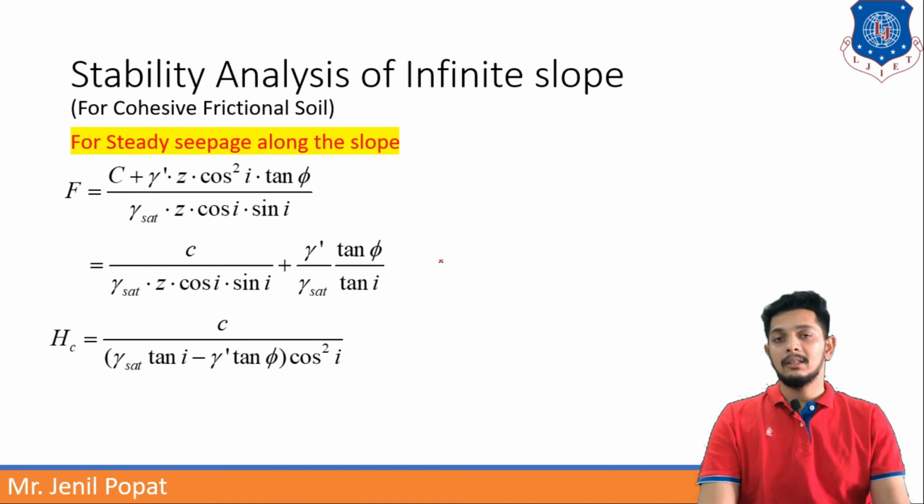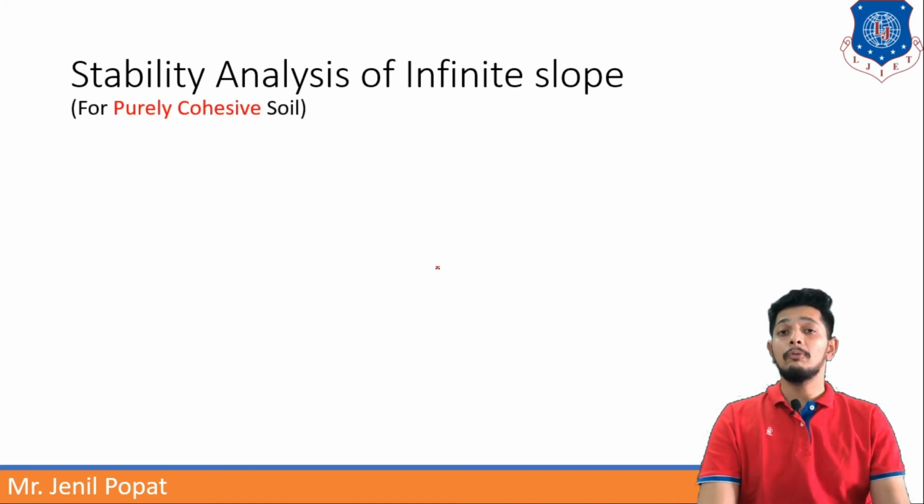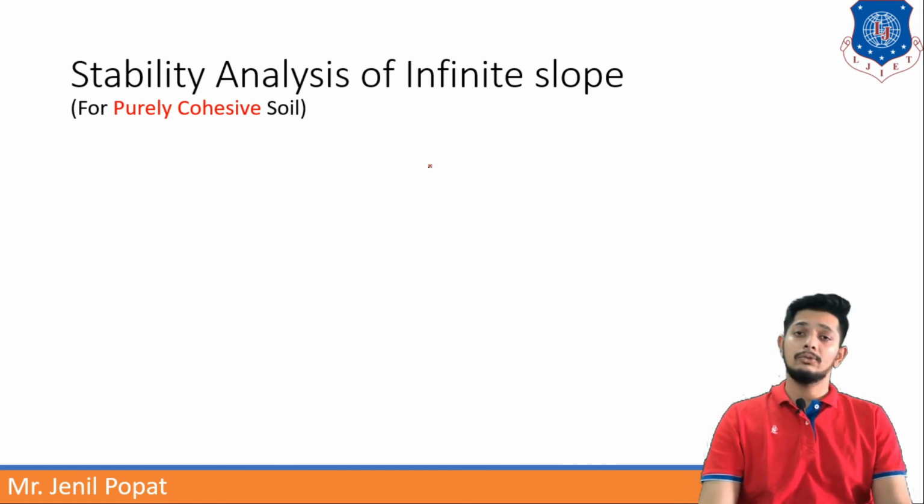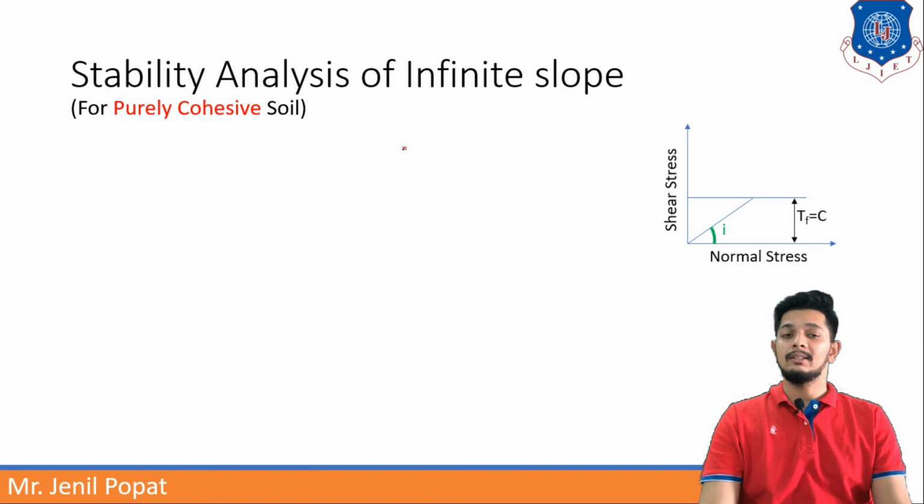These are mathematical terms. Let us move forward to the case of purely cohesive soil. In purely cohesive soils, phi is equal to 0. And from the chapter shear strength of soil, we can remember that it will be a straight line if we draw a graph of shear stress versus normal stress.